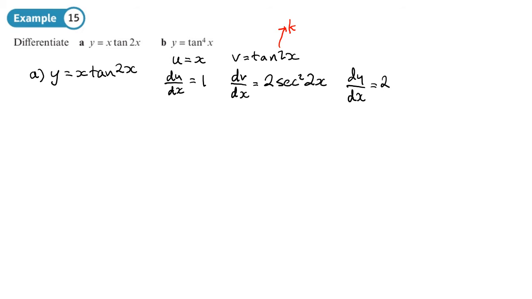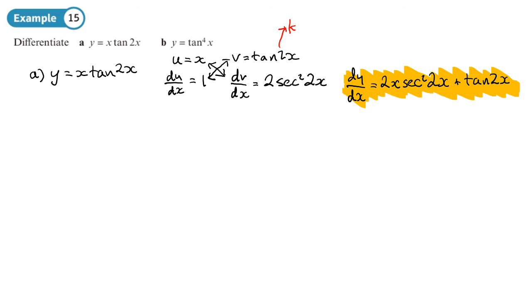So that's 2x sec squared 2x. So that's these two done. Now I'm going to do these two: plus v times du/dx, well, that's just tan 2x times 1. Okay, so that's done. That will be our final answer here.